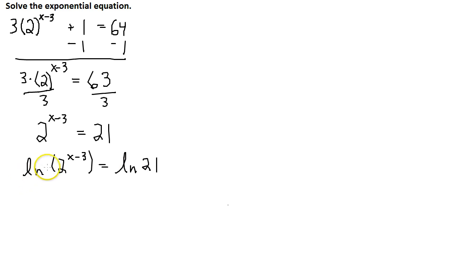Okay, well, why do we do that? It's the property of logs that we're going to employ, that the log, or natural log, of anything that is raised to a power can be written as that power multiplied by the log of the base. And so we can take this exponent, x minus 3, and pull it down in front.